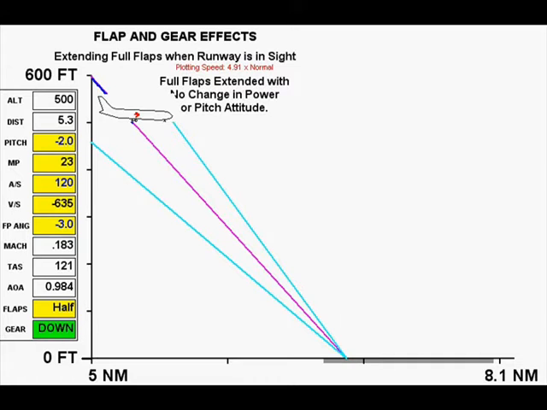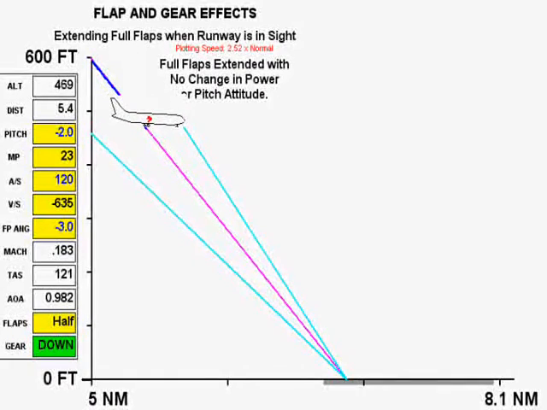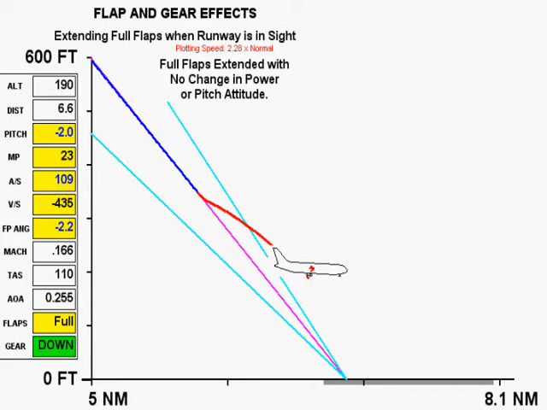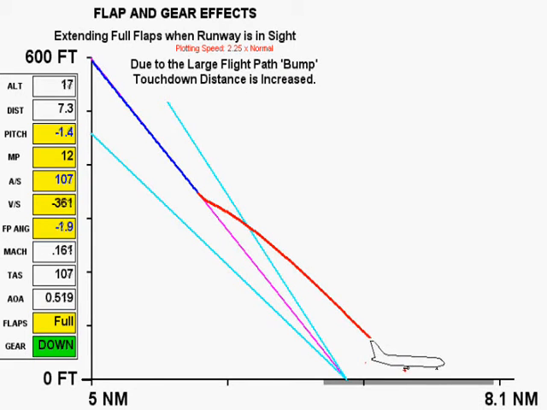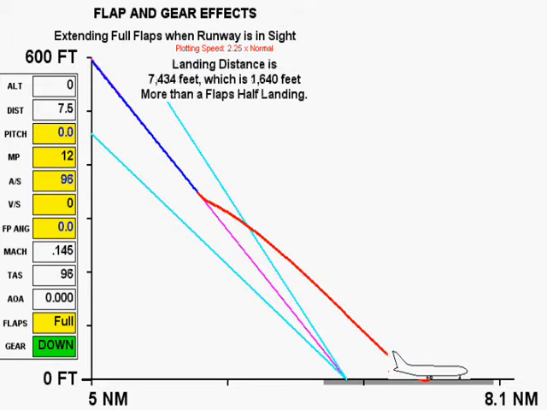However, there is a problem if full flaps are extended without a change in power, due to the size of the bump caused by the increased lift as flaps are extended. Notice the long landing distance in this case.